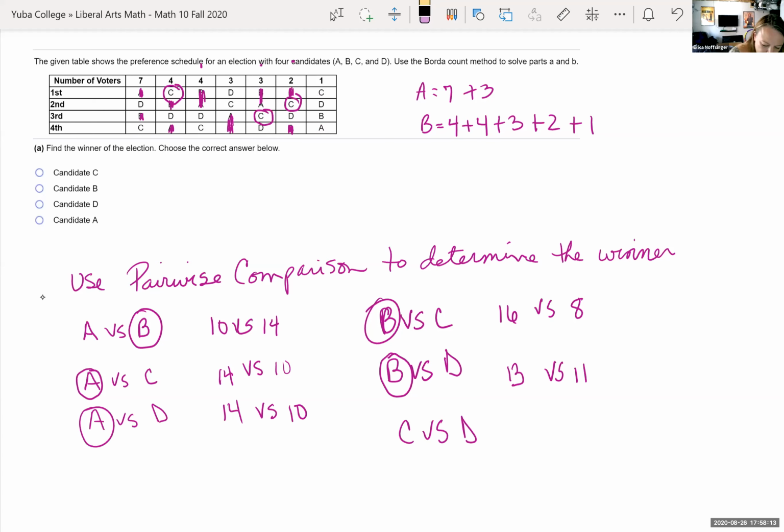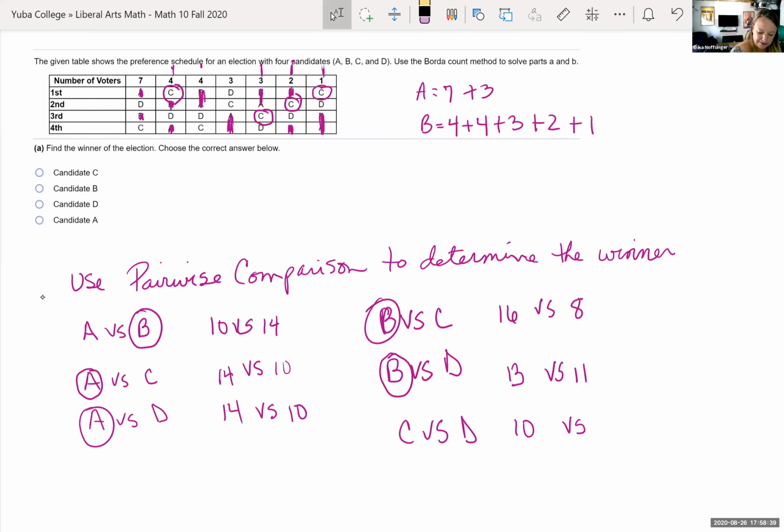So A and B. So looking at it here, C also wins. So they won 4 plus 3, which is 7. 7 plus 2 is 9. 9 plus 1 is 10. So 10 versus D should get 14 votes, but let's just make sure.